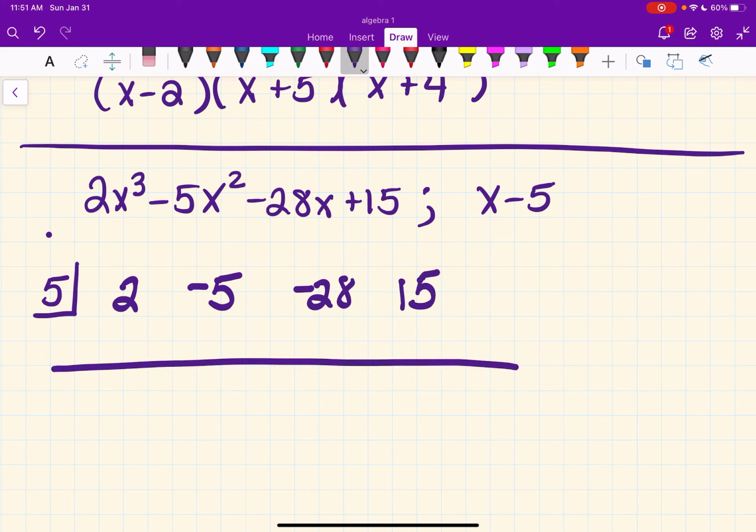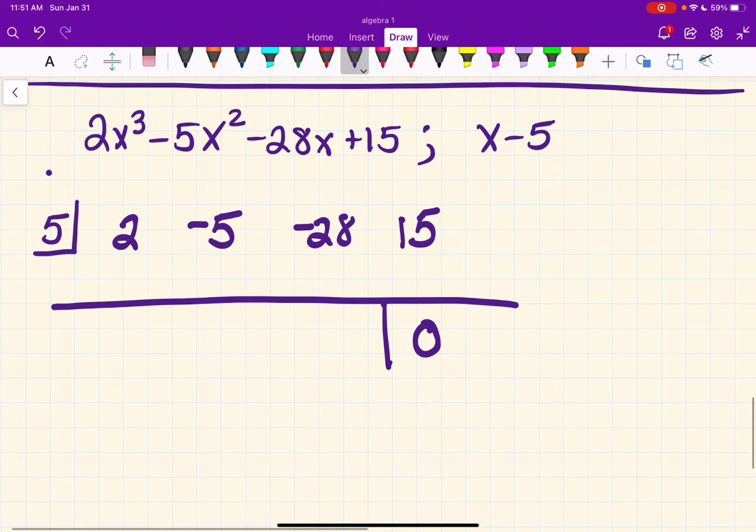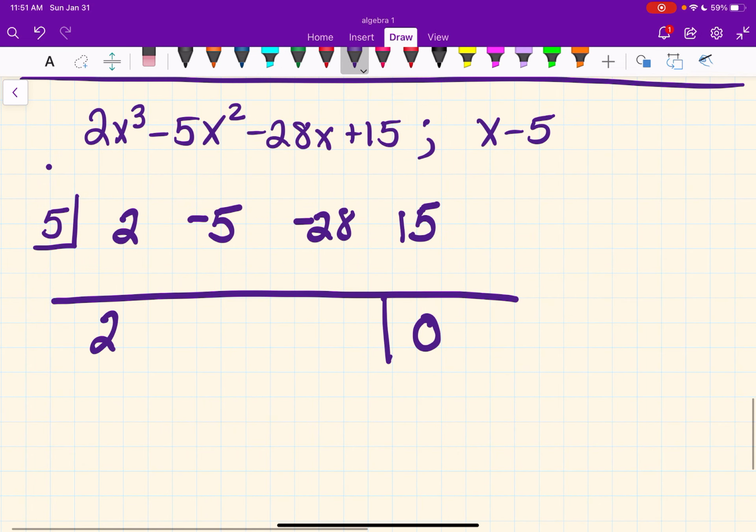Now, if I do this correctly, the remainder should be 0. I told you x minus 5 is a factor, therefore that has to be true. Bring down the 2. 5 times 2 is 10. Negative 5 and 10 is positive 5. 25 goes here. That gives me a negative 3. I'm feeling good.